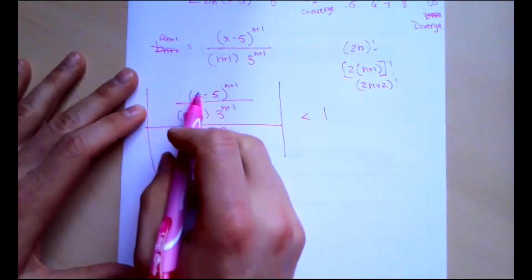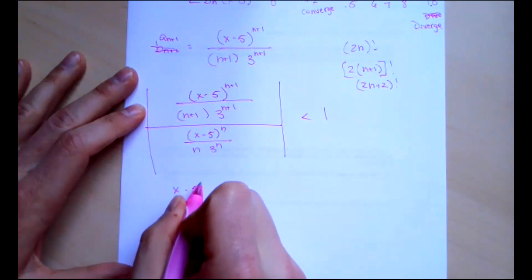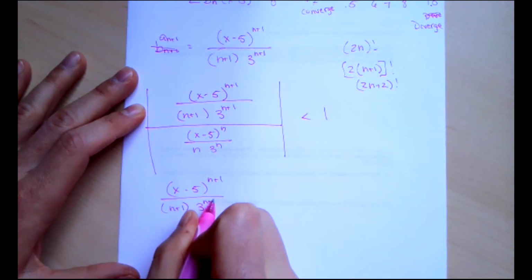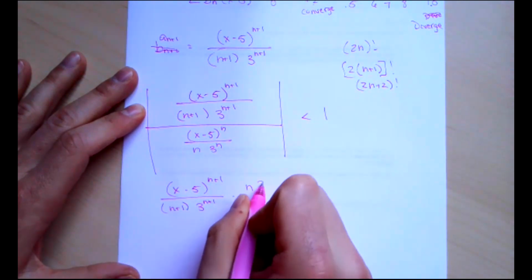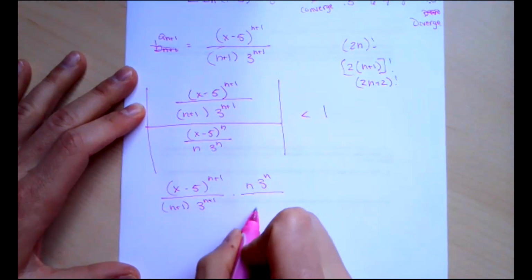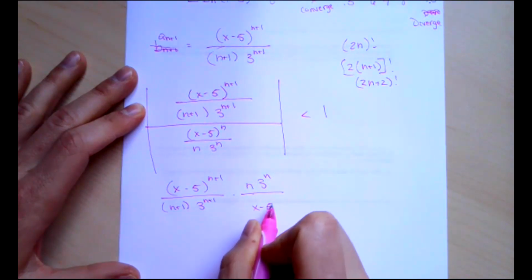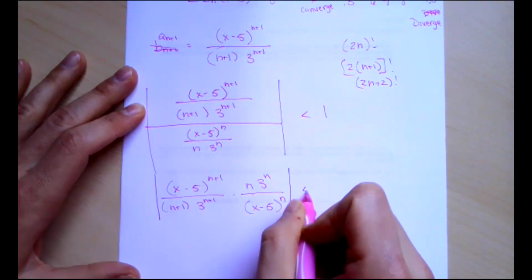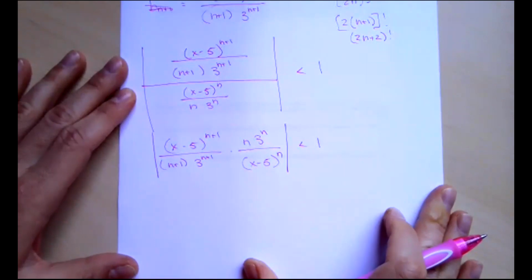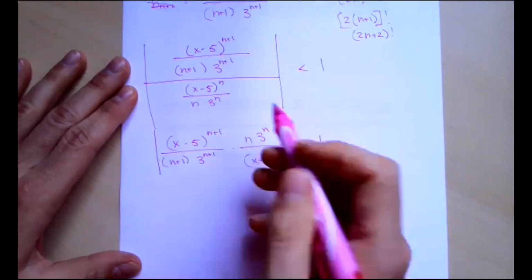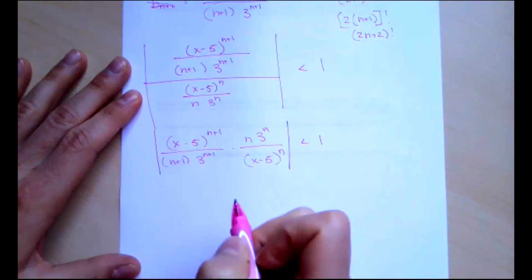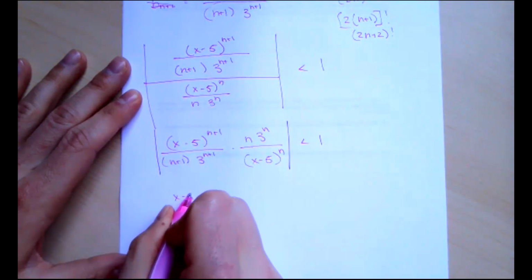So what do we get? We've got (x-5)^(n+1) over (n+1) 3^(n+1) times n 3^n over (x-5). Need absolute values because of the x's. The 3 to the n's are going to simplify, as well as the x minus 5s.